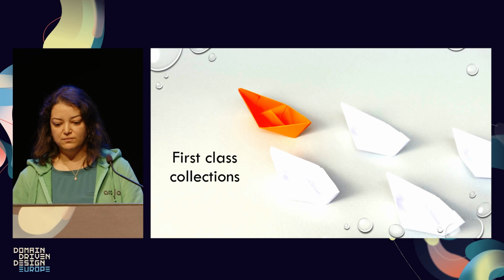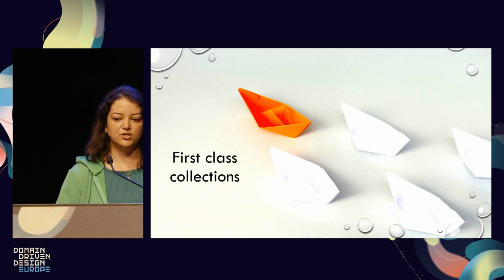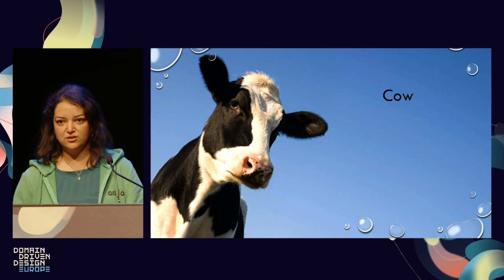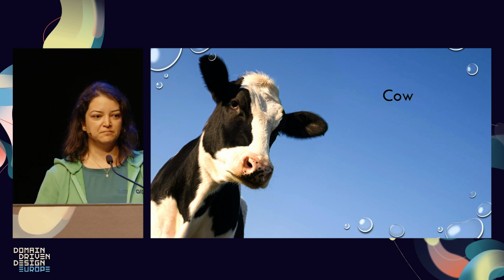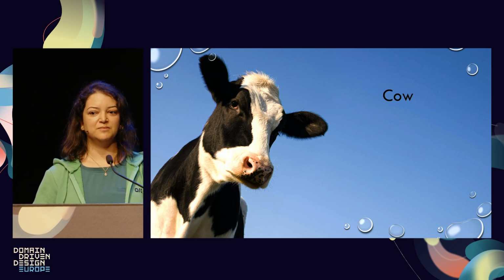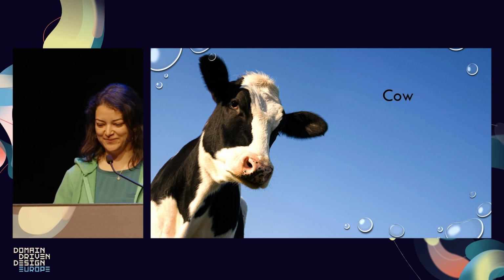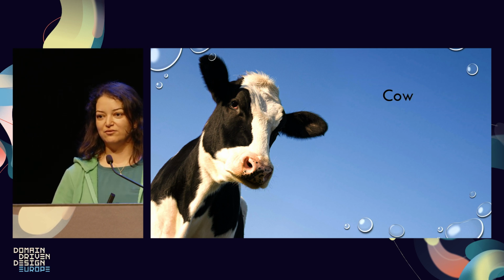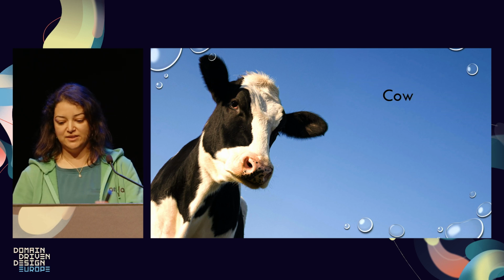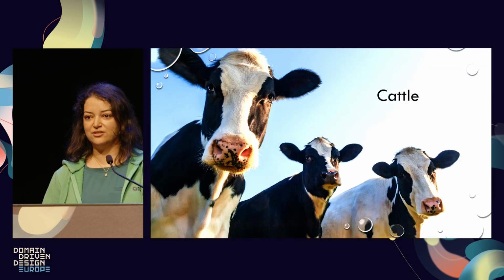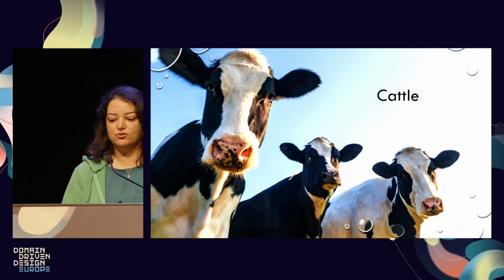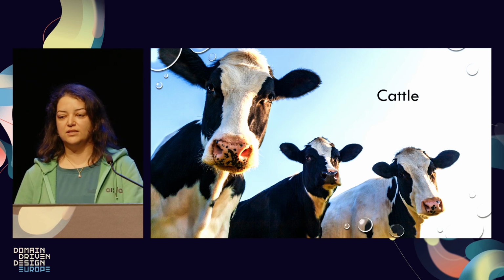Next rule is first class collection. Let me ask you a question. What is the plural of cow? Cows. Yeah, exactly, the plural of cow is cows, you're right. But it's cattle when we refer to a group of cows collectively.